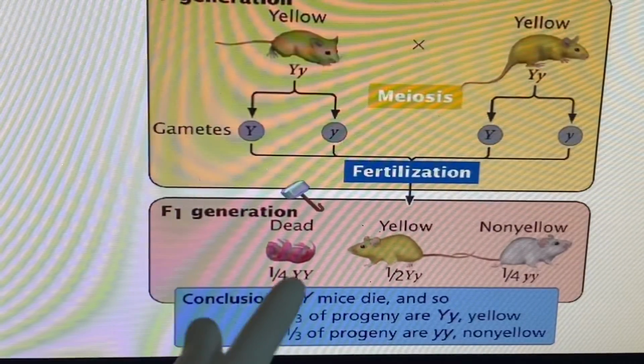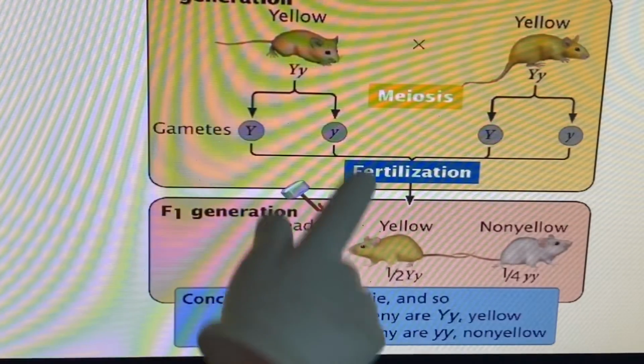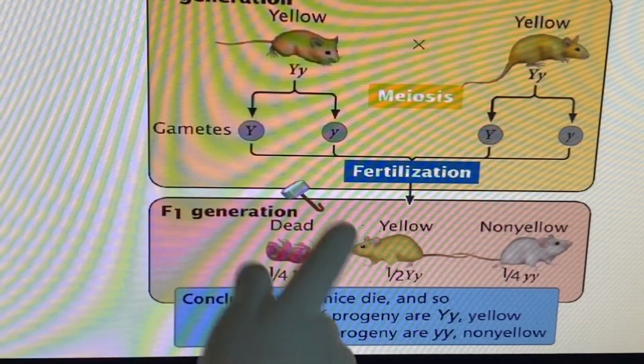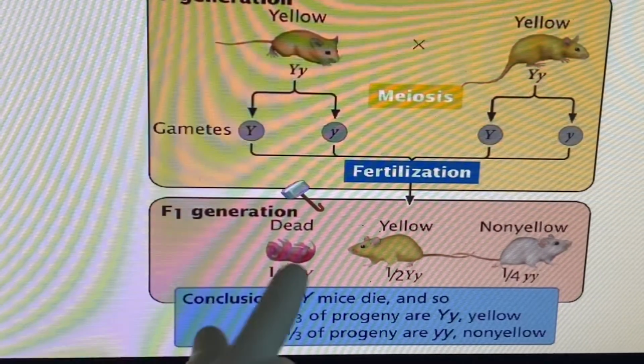But there is a chance, right, that mom gives this one and dad gives this one, and then that poor child never gets a chance to make a face. Here, I'll show you some examples of real life. We call them lethal alleles. All right, so lethal allele is where there's a chance that mom and dad will pass on a gene that results in a less than desirable phenotype, right?